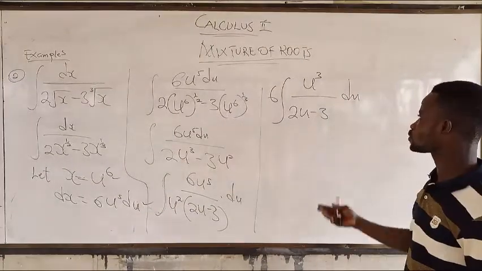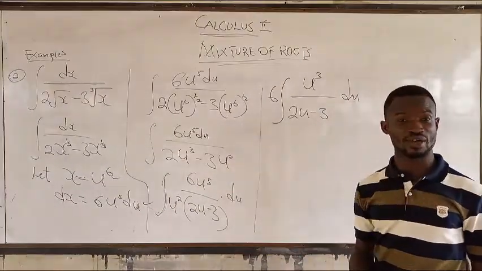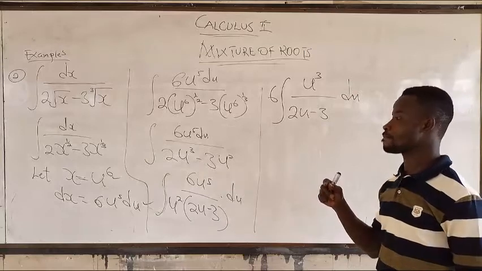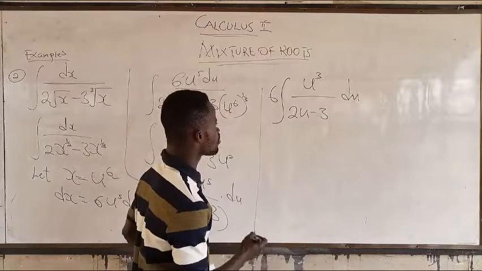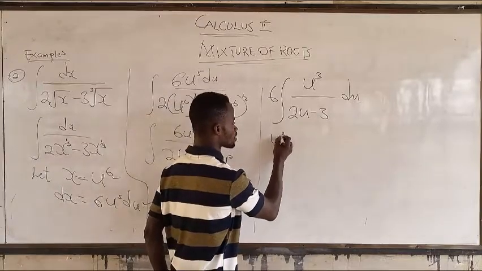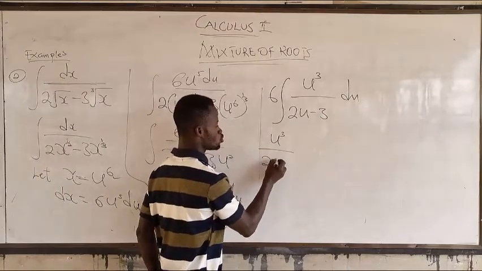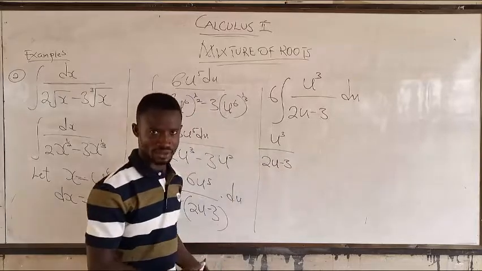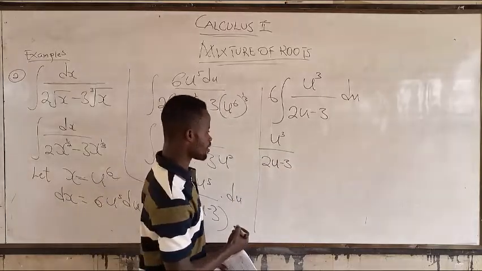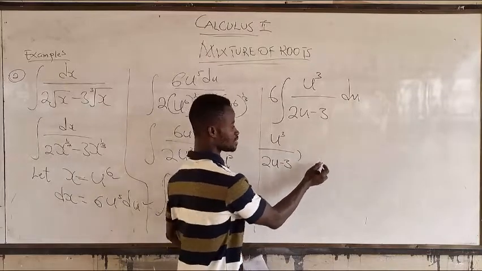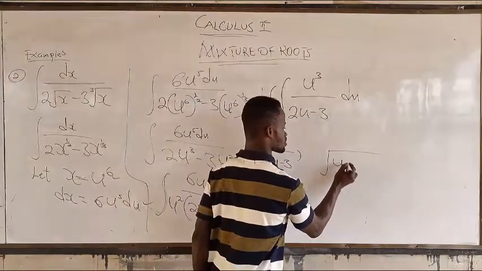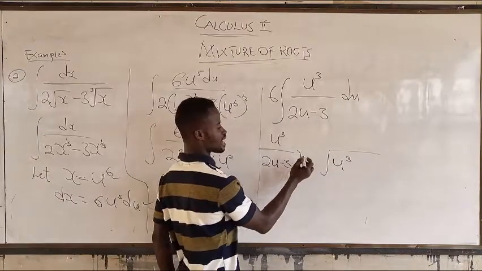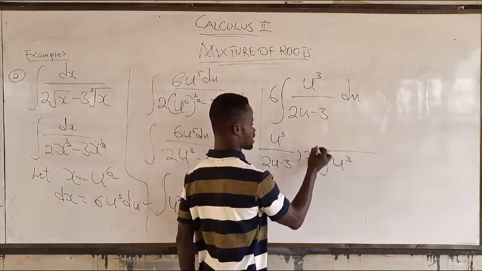So we solve it by partial fraction decomposition. We bring out u to the power 3 over 2u minus 3 to deal with it. The dividend is going to be this, and the divisor is 2u minus 3.